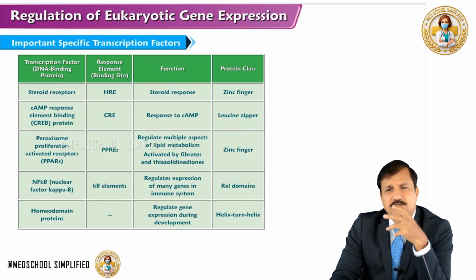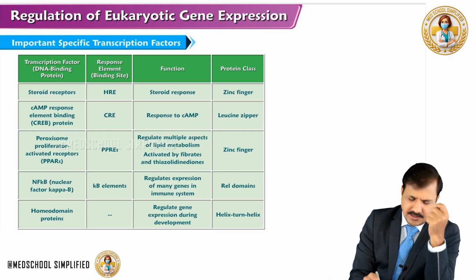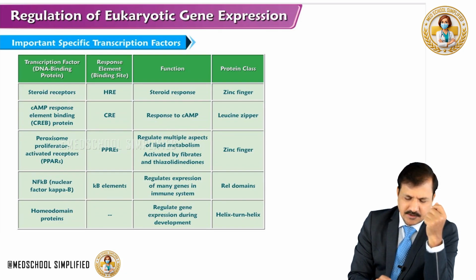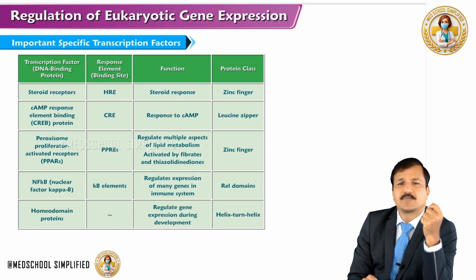As you see here in the table, for peroxisome proliferator activated receptors, the response elements are PPREs and the protein class is zinc finger.